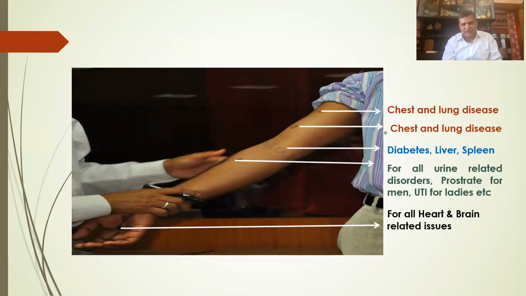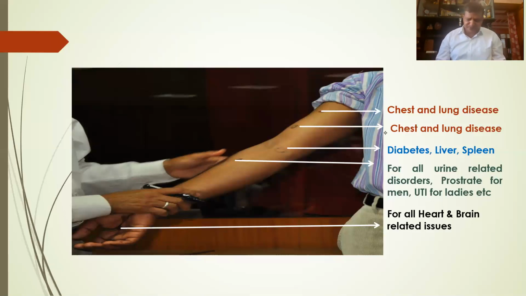You can identify these marma points, and they are very important, having an effect on the overall metabolism of the body. That means stimulation of this marma point has an effect on the liver, spleen, pancreas and digestive system. So you can maintain your whole digestive system physiology by stimulating this marma point.